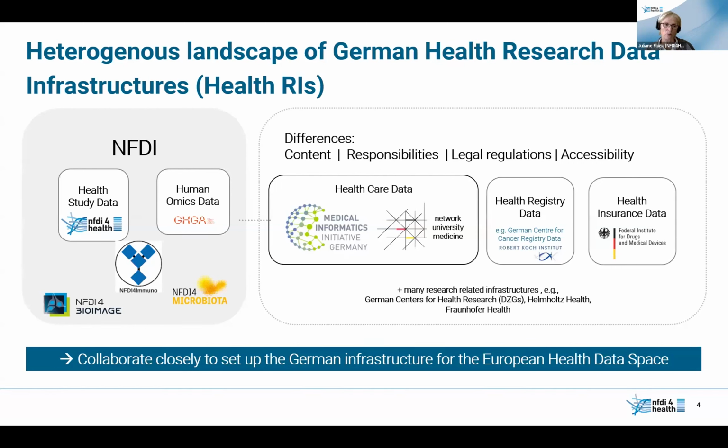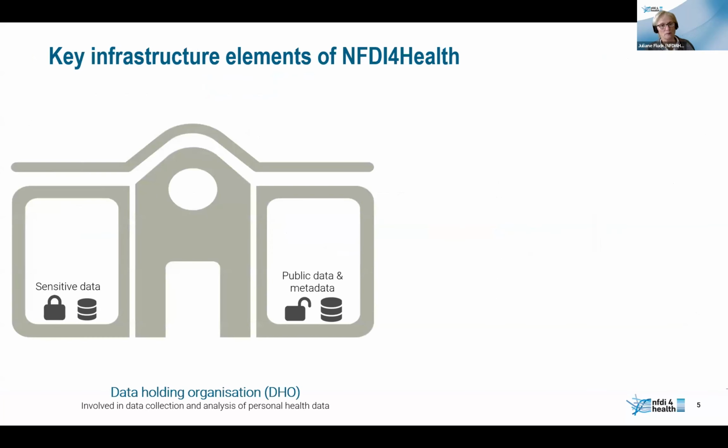And I would like to show you what key infrastructure elements we provide in NFDI4Health. If you're looking for the data holding organizations, which we have seen before, now two of these with BIPS and University of Greifswald with SHIP, we have different data holding organizations, and sensitive data is not openly available. But on the other hand, you can share information about the data, and you have seen some of that.